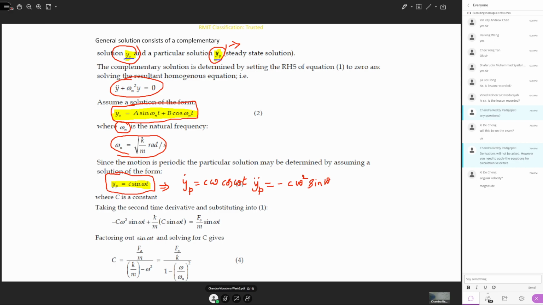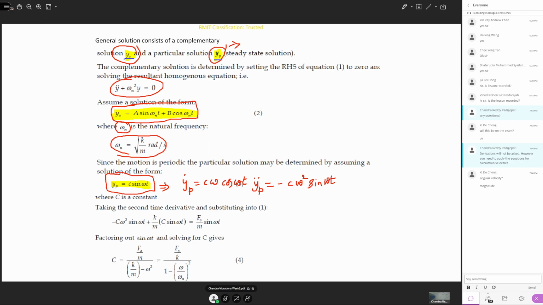So we let yp, the particular solution, be c, a constant, multiplied by sine omega t. Then we take the first derivative, then the second derivative. Now substitute these values into the equation here.